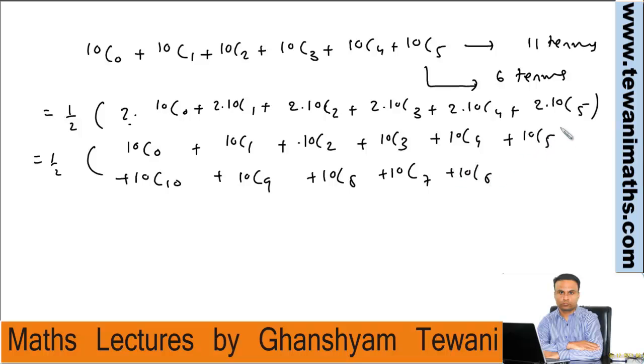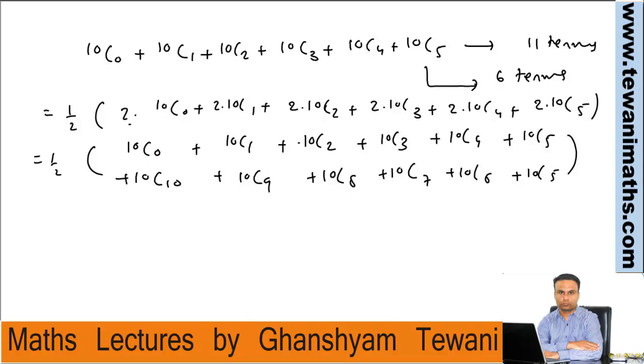But this will be 10C5. Again this is 10C5. Now in fact we have doubled these 6 terms. Now how many terms are there? 12 terms. But in the actual full series there will be 11 terms.